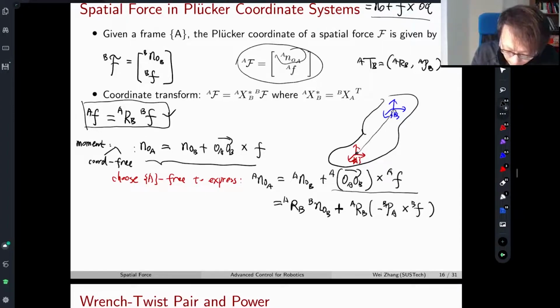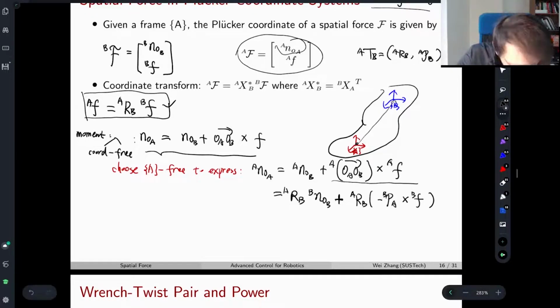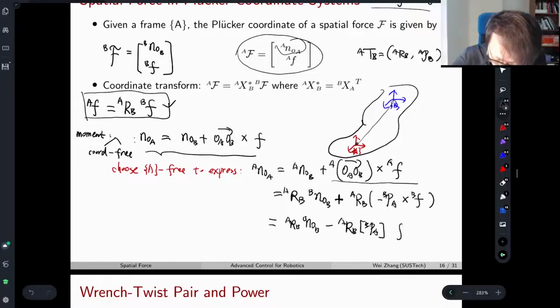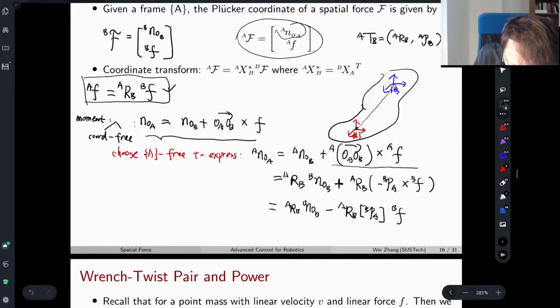That's the vector, and then times this one will get this. Okay, I think it's right. And then this one will be R_BA times N_OB in B, negative, and R_BA skew-symmetric P_A in B times F in B.